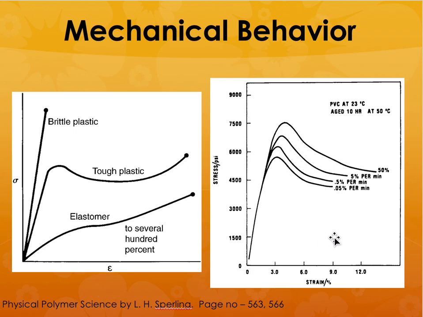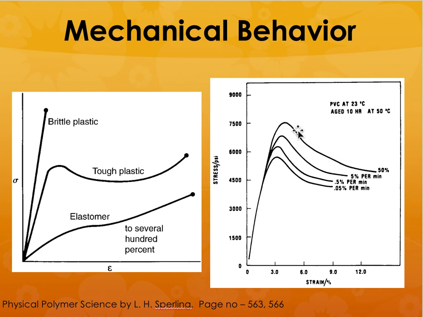The other thing that you need to know is that many of these materials show mechanical properties that are dependent on strain rate. For example, if you pull it at a very slow rate, it may break at a much lower strength level. But if you pull it at a much faster rate, so 50% strain per minute or 5% strain per minute, that is quite considerable.